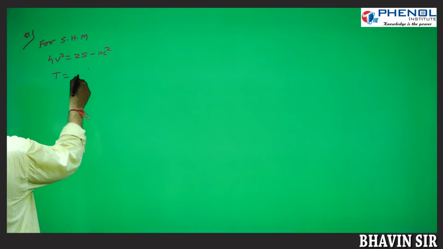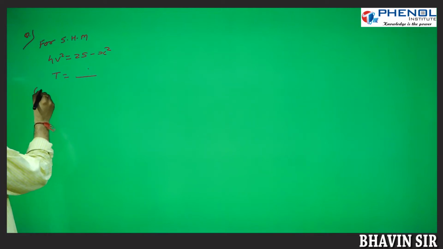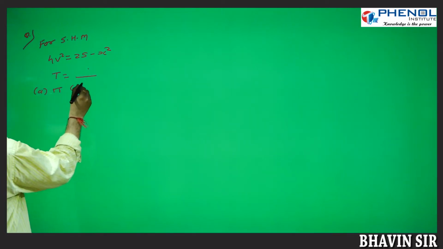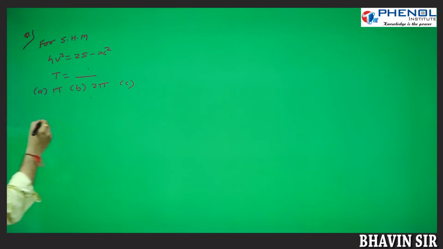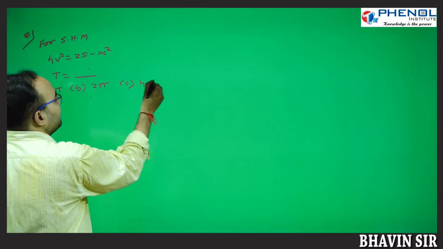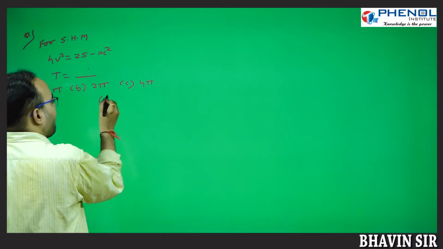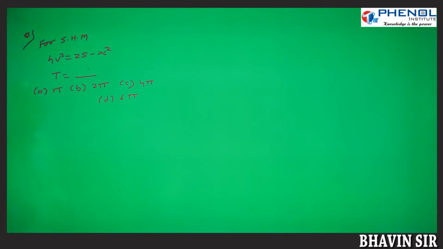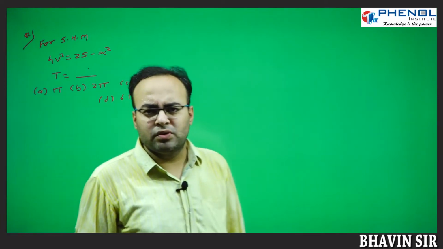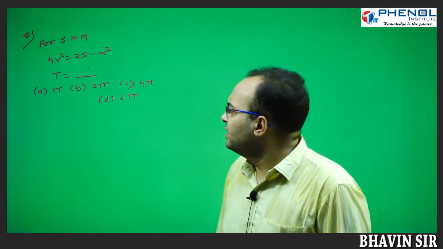We want to find its time period. Options are pi, 2 pi, 4 pi, and 6 pi.